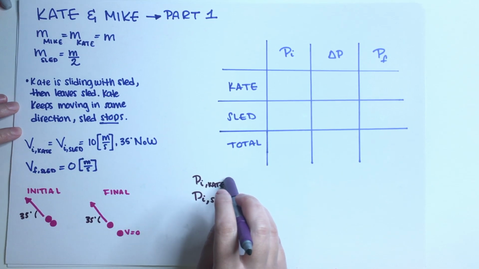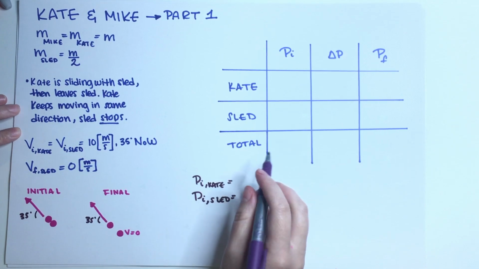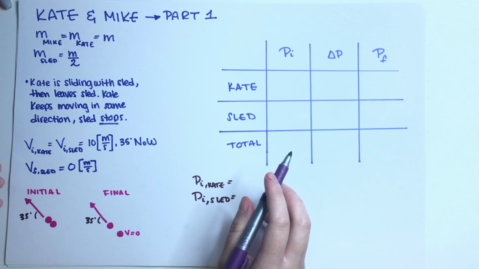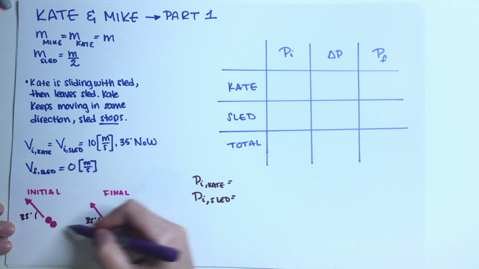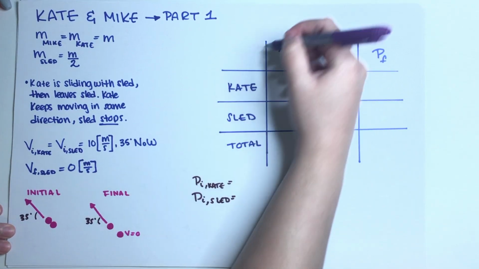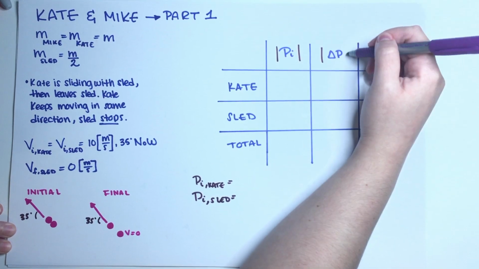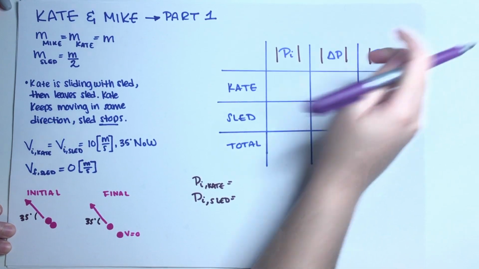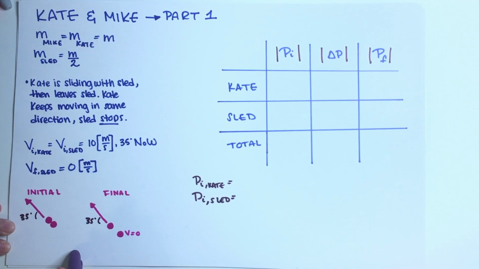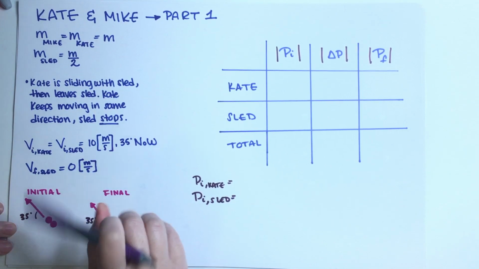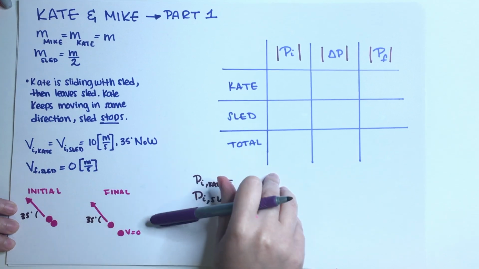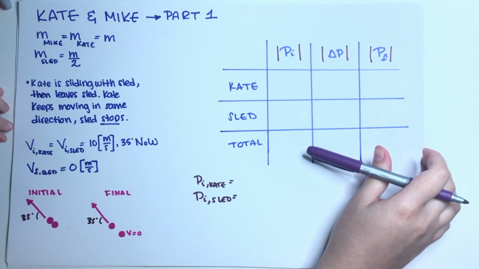Another thing that's important here, something that's going to make this problem easy, is that we're not really changing directions here. So I can just use absolute values over here and just keep everything within this line. So instead of worrying about this 35 degrees, I can just work with the magnitudes of the problem, and that is going to work on this part right here.